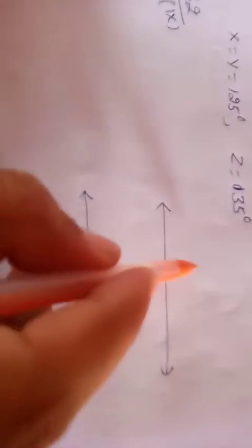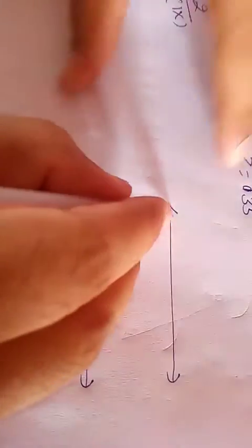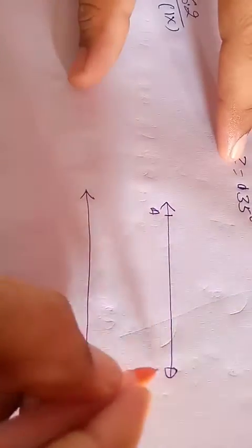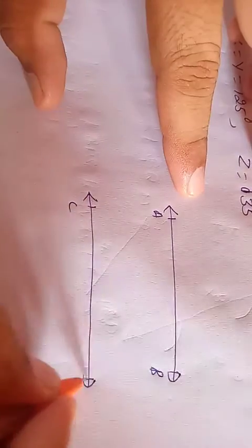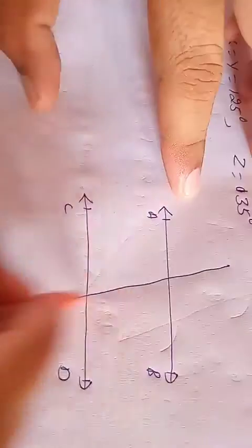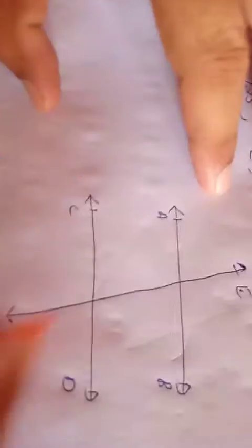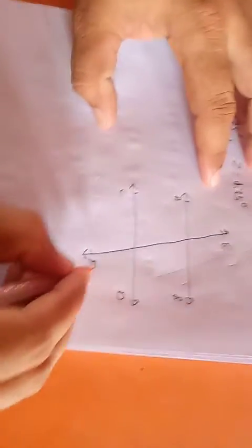What's their name? You can say AB and CD. Intersected by a line. What's its name? Not given. You can say EF. It depends on you. It's given in the figure 6.28.